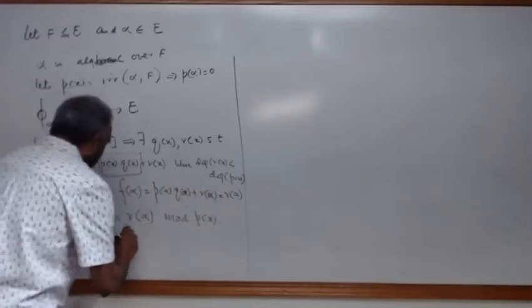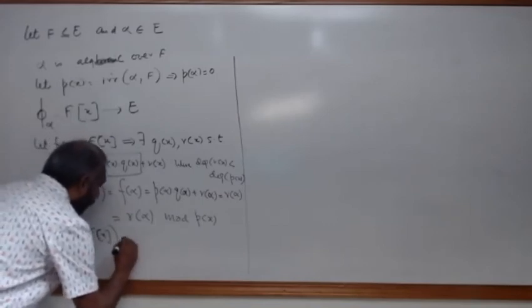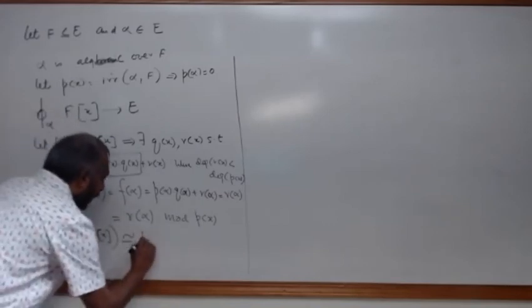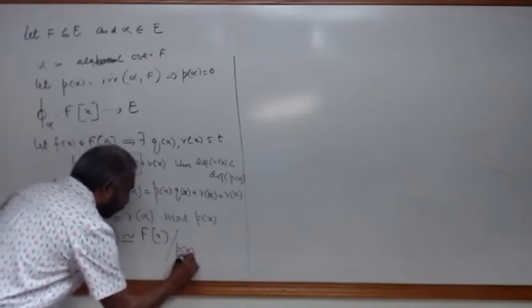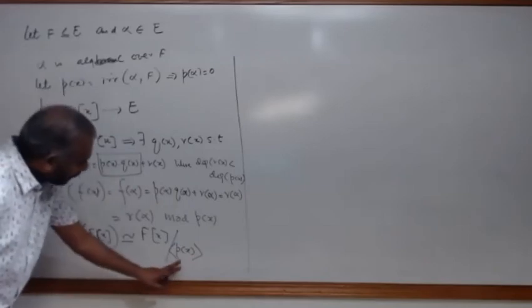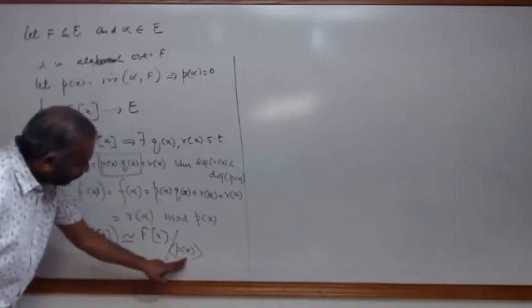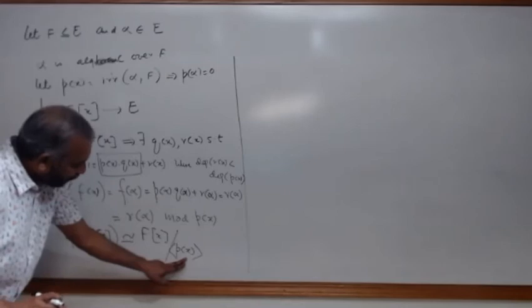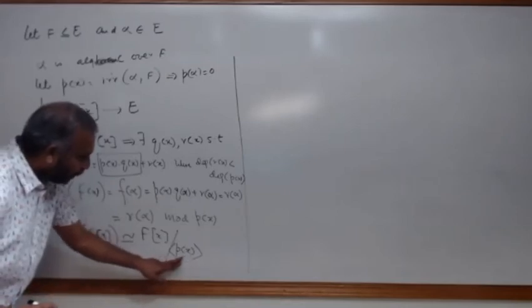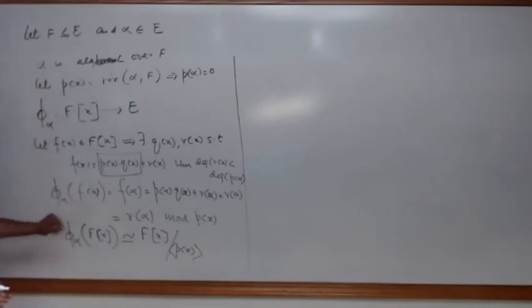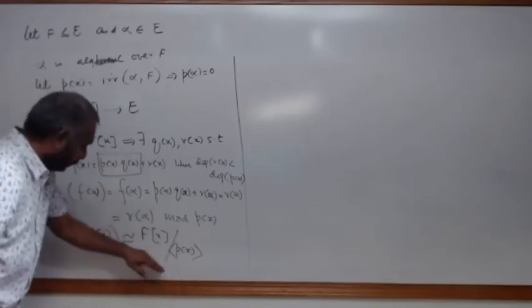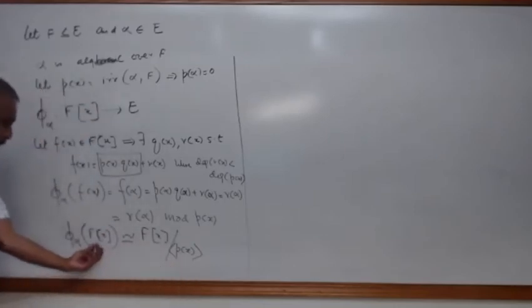So it's actually isomorphic to f of x over P of x, because this is the ideal generated by P of x multiplied by any other element of f of x. Then whatever is the remaining, that is going to be the image of this.